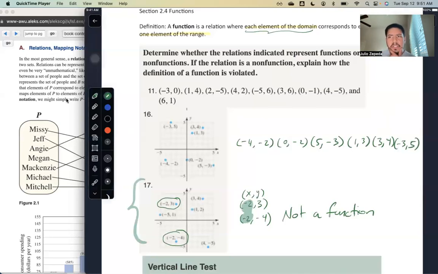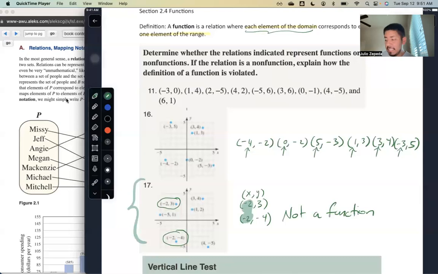So we would ask ourselves, is this a function? Is every x value that shows up here paired with exactly one element in the range? And the answer is yes. None of these x values is paired with more than one element of the range. Like 0 is only paired with -2. 5 is only paired with -3.